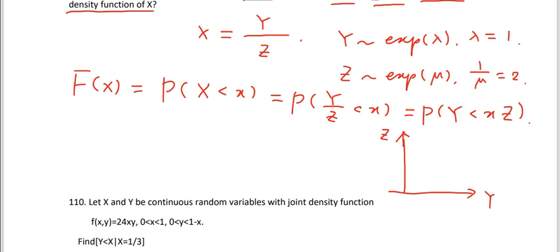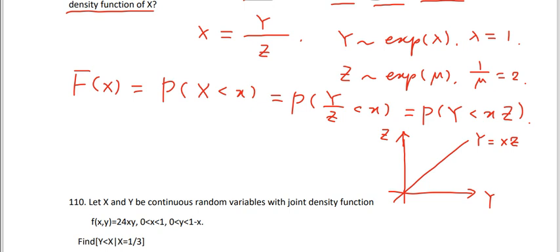So this line is y equals xz. Suppose this is y equals xz. So where is y less than xz, or y larger than xz?